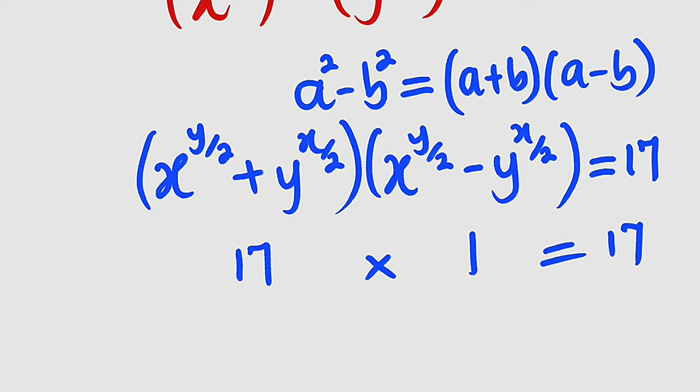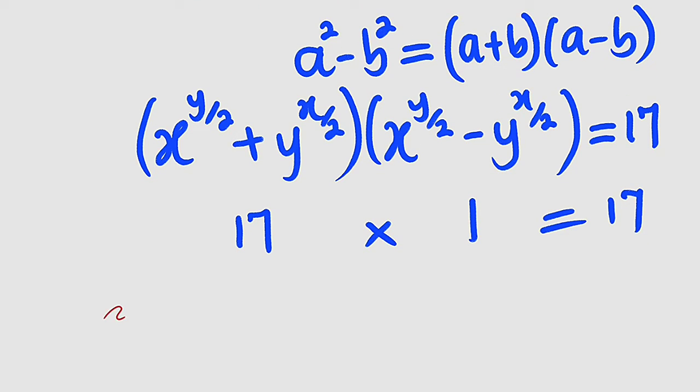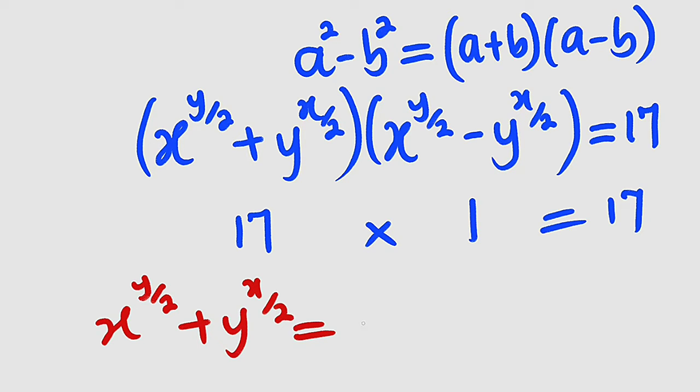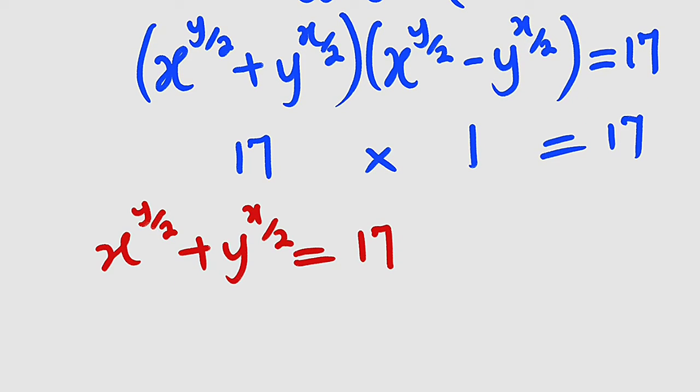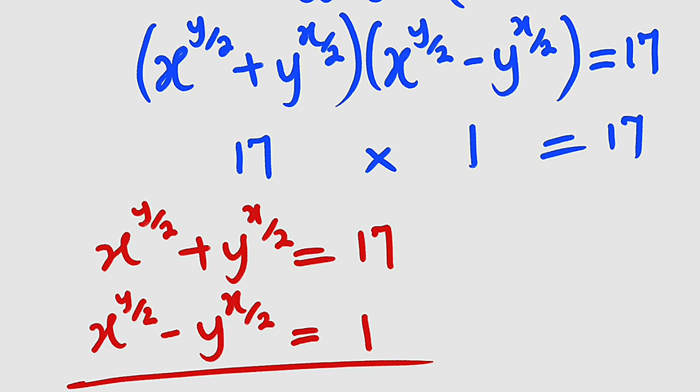So now let us form a system of equations. We have x raised to the power of y over 2 plus y raised to the power of x over 2 equal to 17. And the other factor, x raised to the power of y divided by 2 minus y raised to the power of x divided by 2, should be equal to 1. What are we going to do?